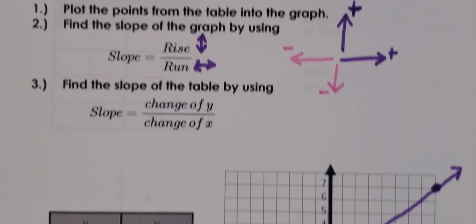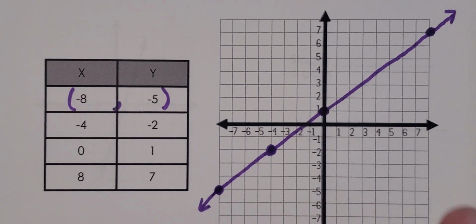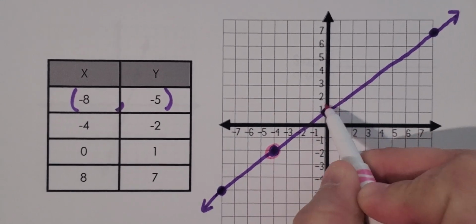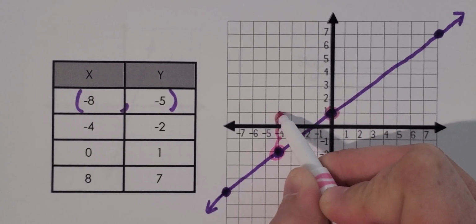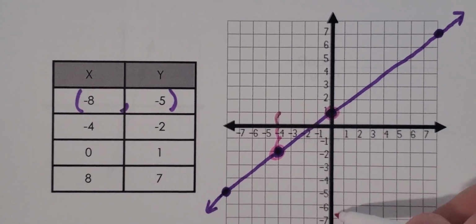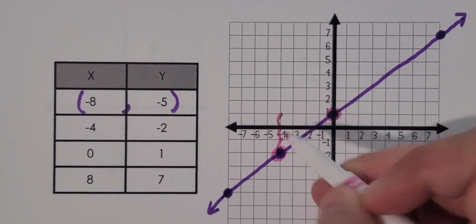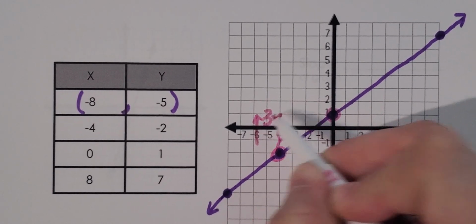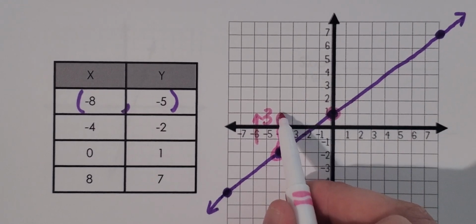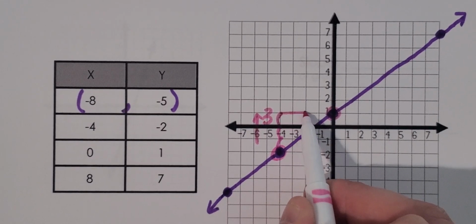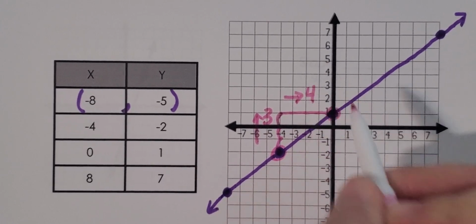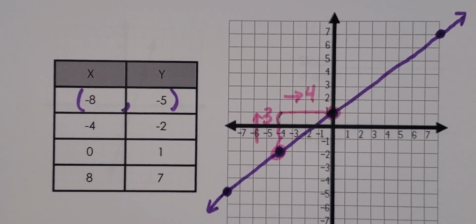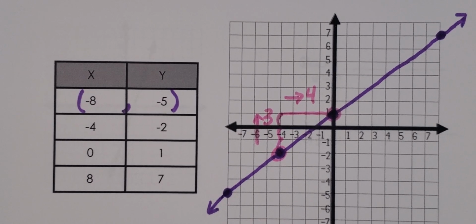So looking at these 2 points, if I choose 2 points for my graph, if I go ahead and choose these 2, I can say that I have 1, 2, 3. I'm moving up 3 lines. And since my grid is going by ones, I can say that I went up 3 numbers. Then I can go to the right, 1, 2, 3, 4 numbers, which means that I'm also going to have a positive 4.